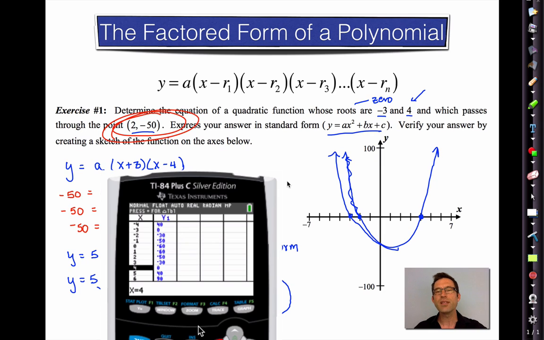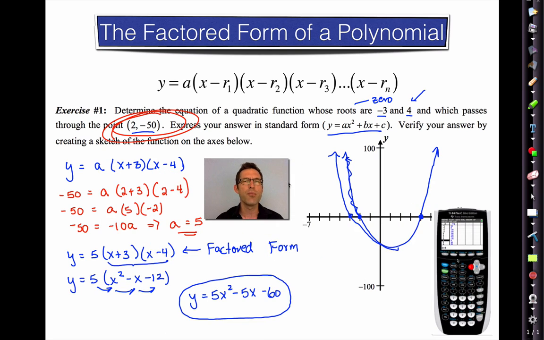But we can definitely see the zeros at -3 and at 4, and we can also see that extra point at 2, -50. The plain fact is, if we didn't account for the a, we would still have a 0 at -3 and at +4, but we wouldn't pass through the point 2, -50. So we're going to explore a little bit more about the a in just a moment.